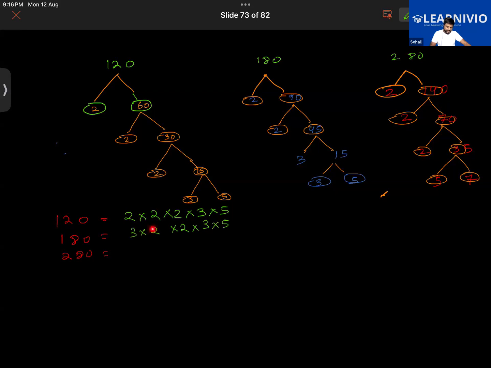Notice how I am trying to align all the numbers, one below another. So this 2, this 2, this 2, and then you have 7 multiplied by 5.